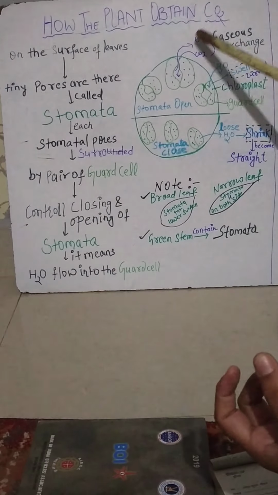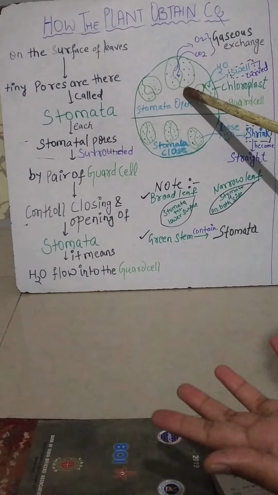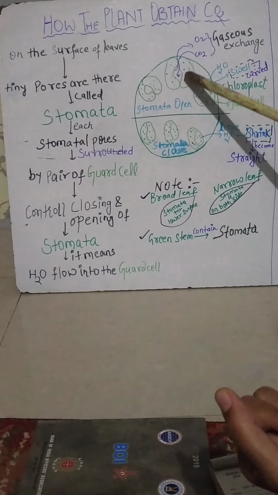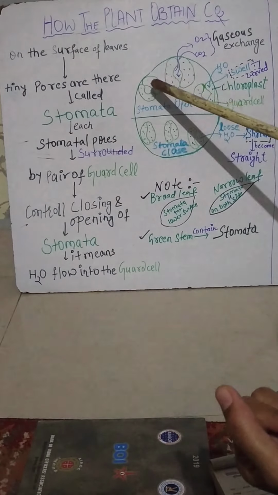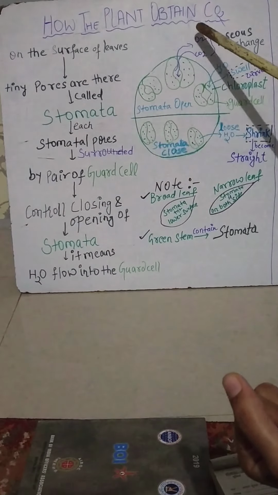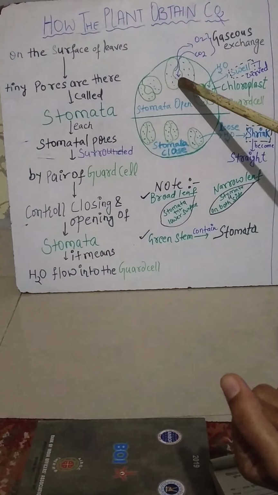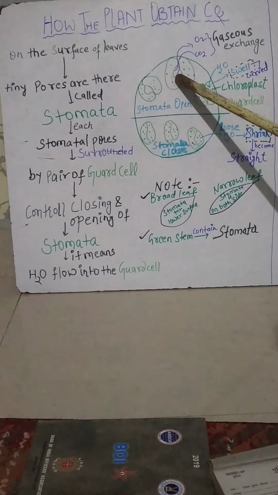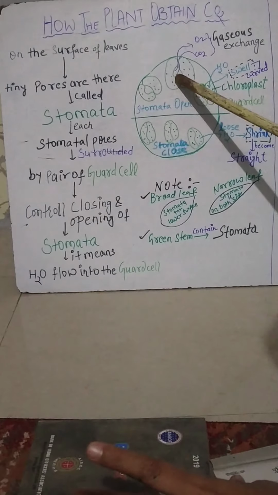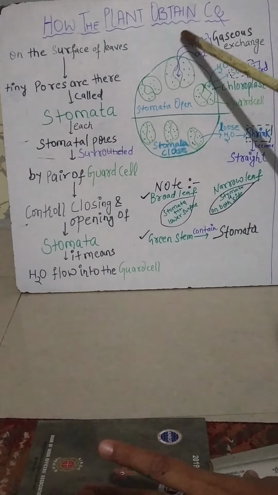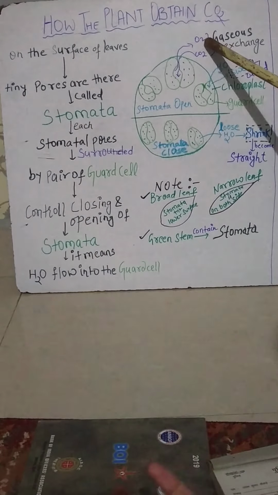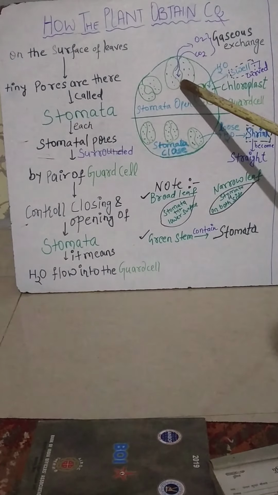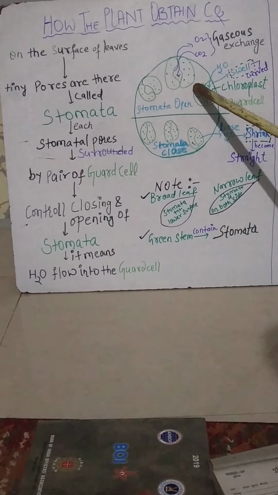Carbon dioxide comes into the leaf through these stomatal pores. When water fills the guard cell, it swells up and allows carbon dioxide to move in. During the photosynthesis reaction, oxygen is formed. This oxygen moves out because oxygen acts as a waste product for the plant. So it moves out and carbon dioxide moves in when the stomata open.